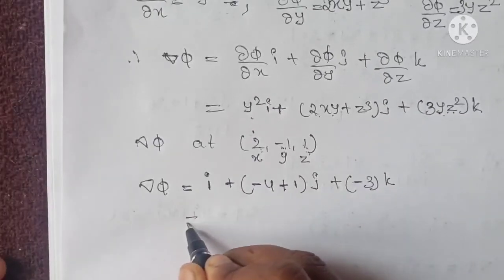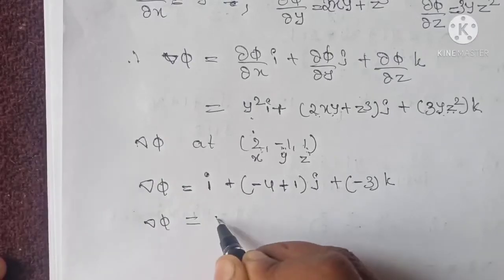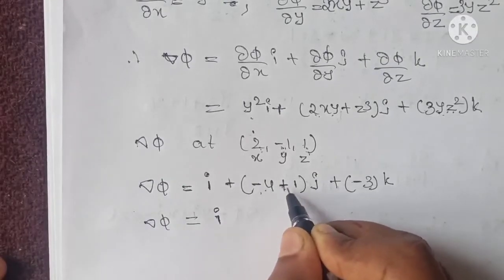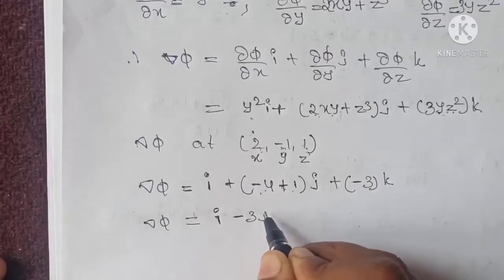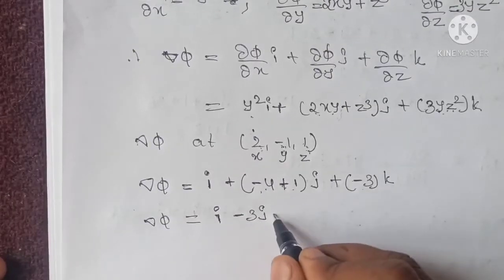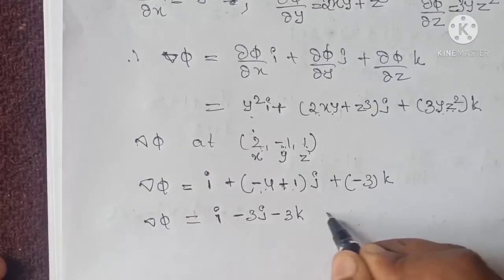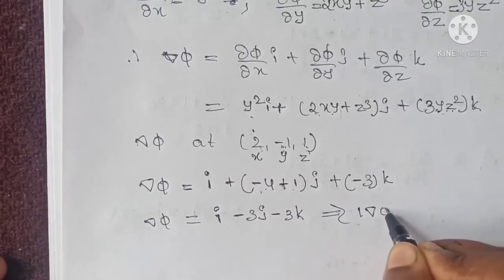Further simplifying, del phi is equal to i minus 3j minus 3k.